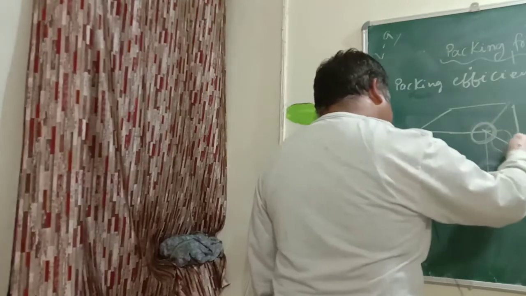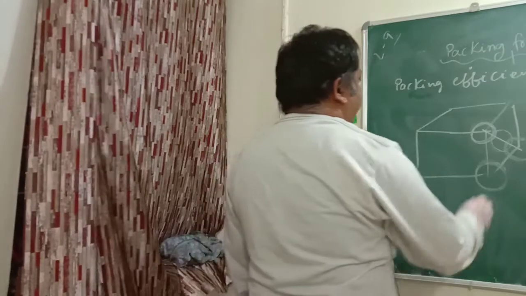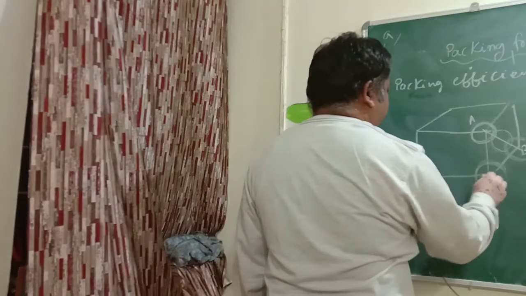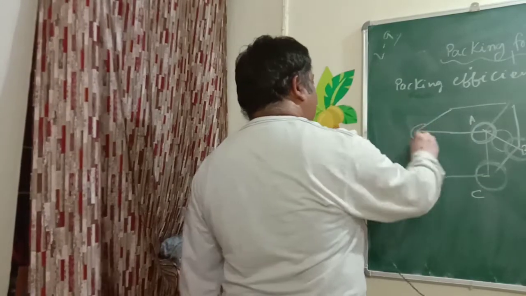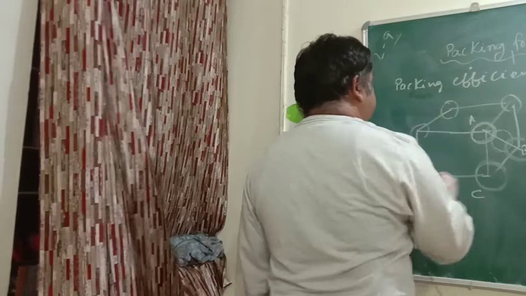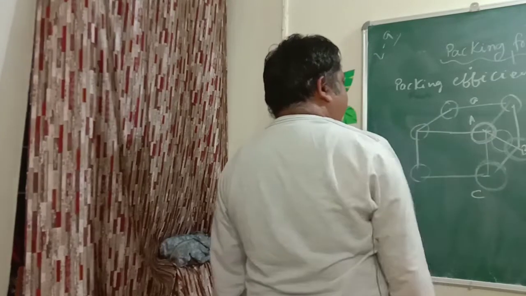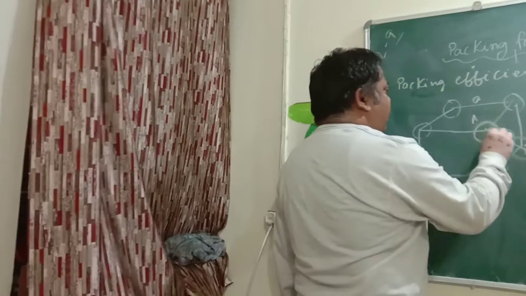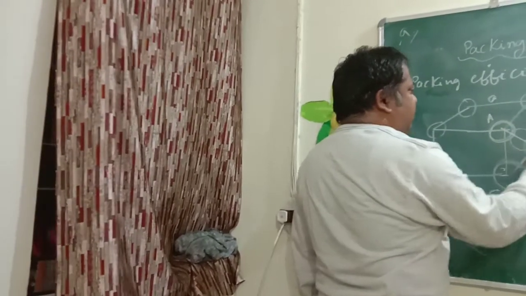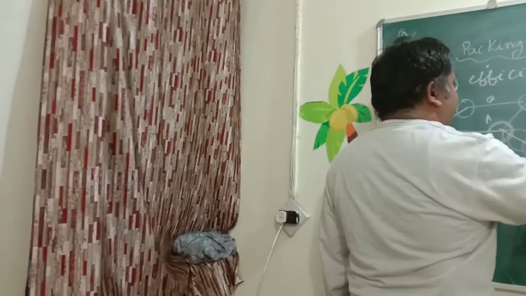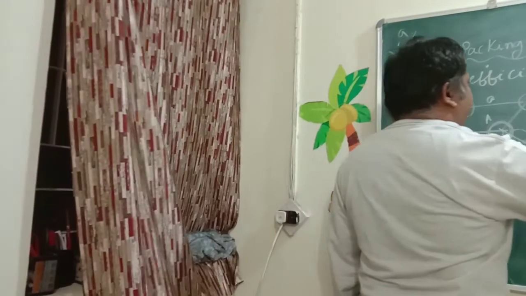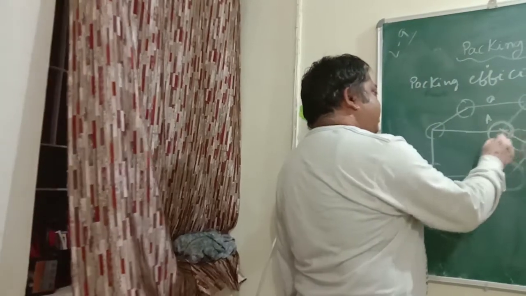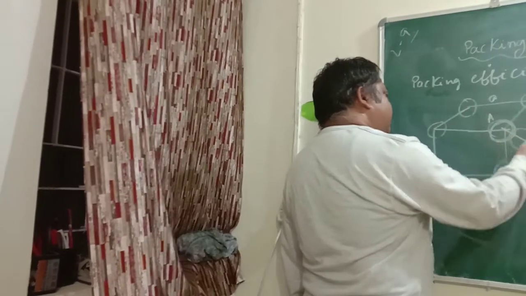So we will take one face diagonal. Let this be A, let this be B, and let this be C. We are drawing this diagram just to find the relation between the edge length and the radius. Edge length is a and radius is r. Here the relation is AB equal to r plus 2r plus r, the radius of this sphere, then twice the radius, the diameter, of this sphere, and the radius of this sphere.